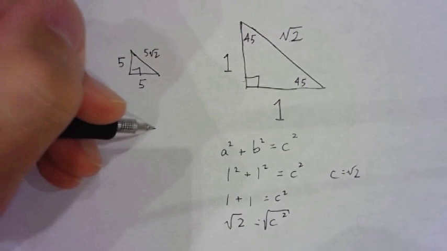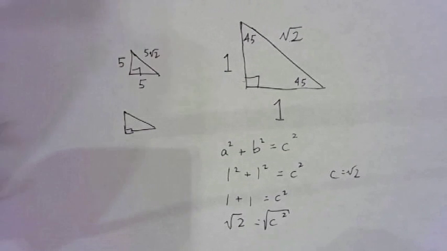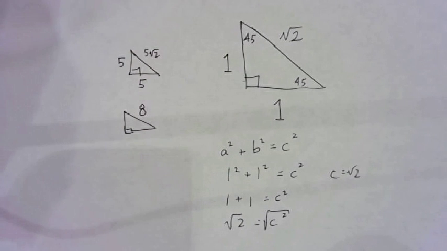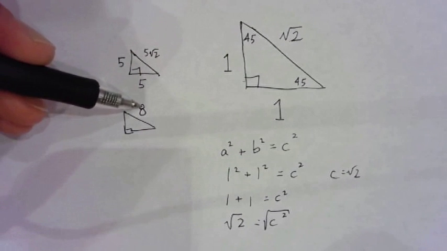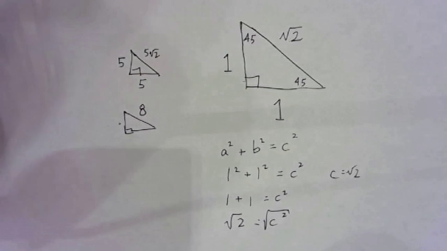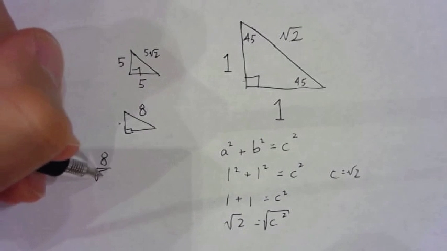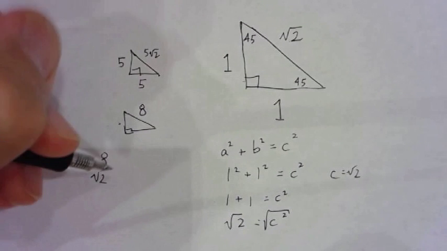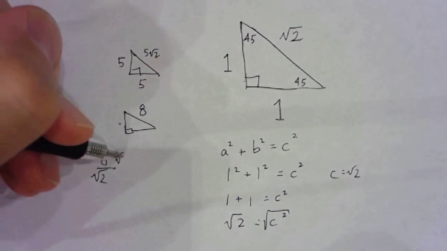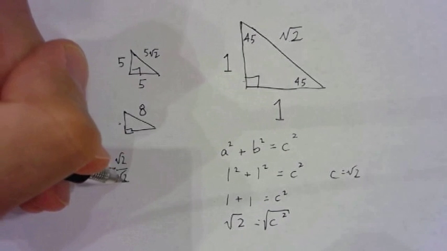If I'm given the long side, say I'm told that the long side was 8, now I need to divide by the square root of 2 to find my leg. So 8 divided by the square root of 2. If I rationalize the denominator, multiply the top and bottom by the square root of 2.